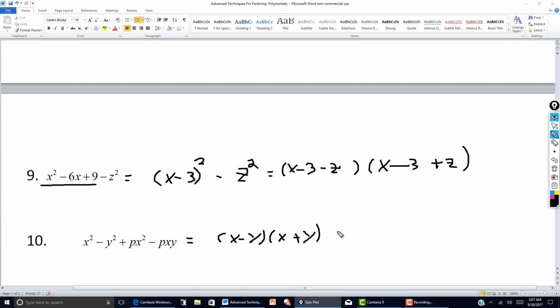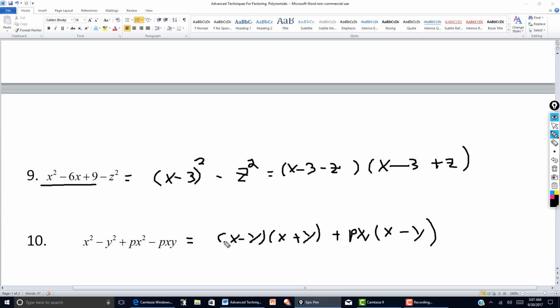So I factored the first 2 terms together as a difference of squares, x minus y times x plus y. In the last 2 terms, px squared minus pxy, I'm going to take out a common factor. px is common to both of those terms, so I take out a px. That leaves me in the parentheses x minus y.